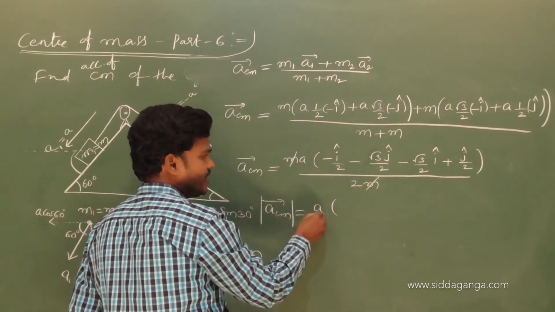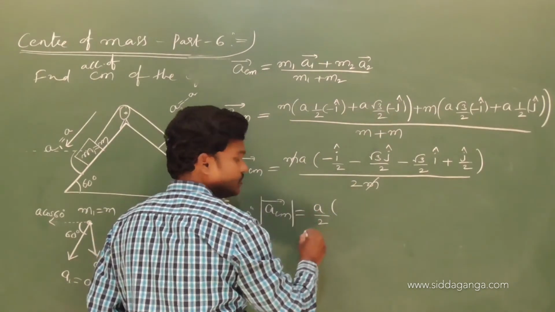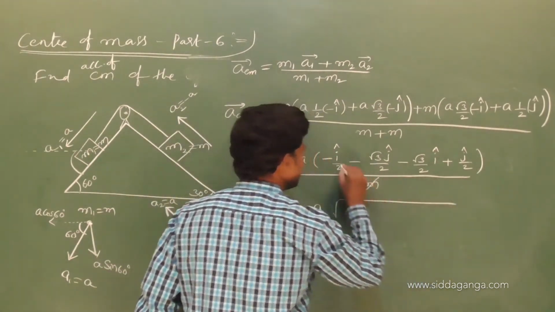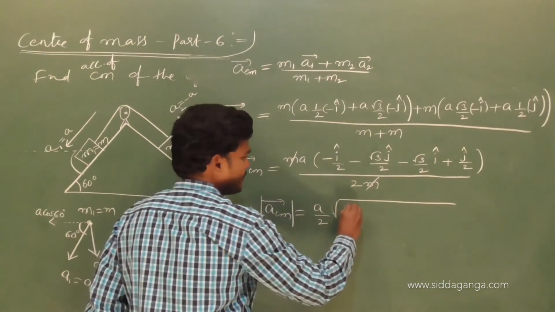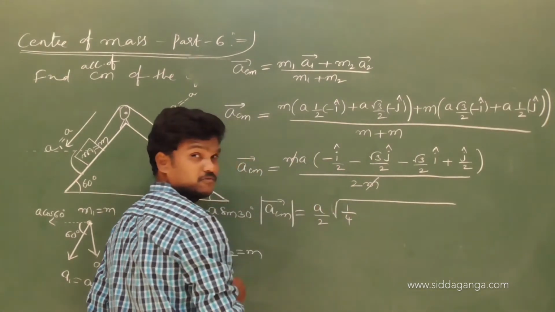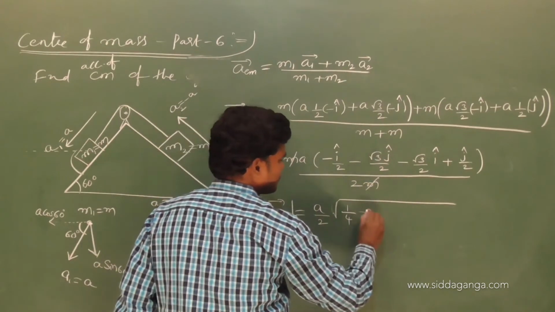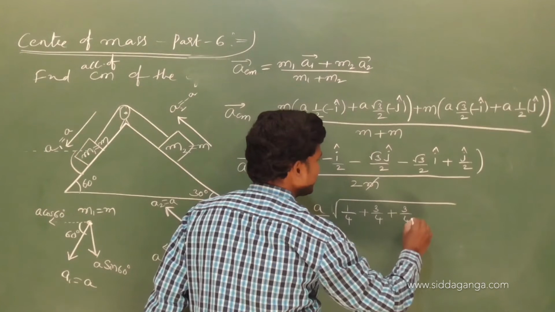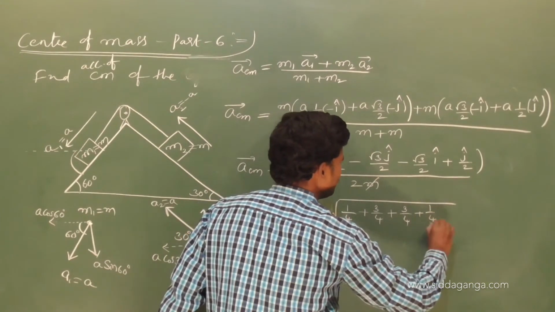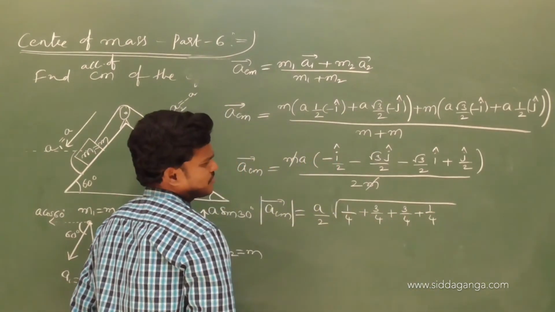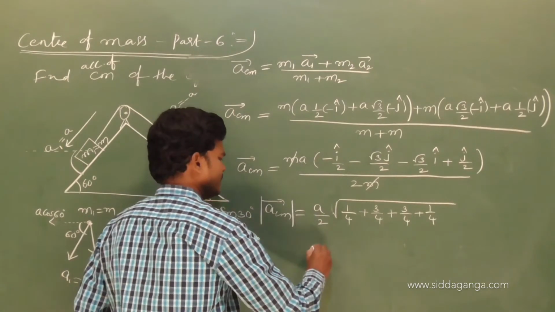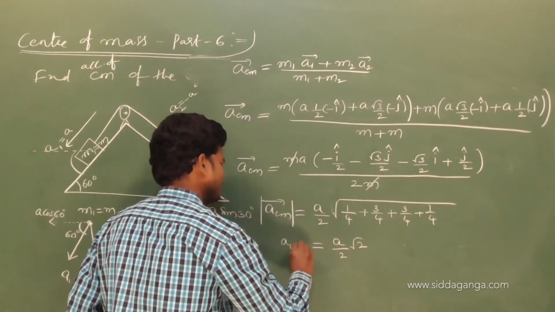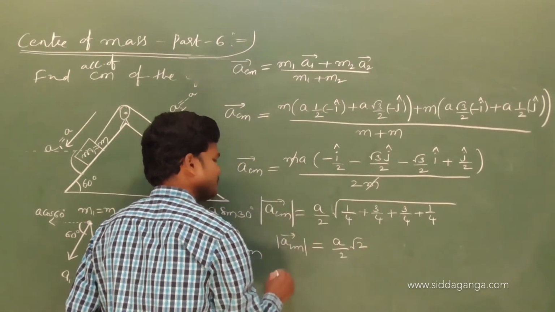So root of a square is A, 2 is 2 square is 2, and this becomes root, 1 by 4, 3 by 4, 3 by 4, 1 by 4, 1 by 4, 1 by 4, 3 by 4, 3 by 4, 8 by 4, this will get A by 2 root 2. This is magnitude of acceleration of center of mass.